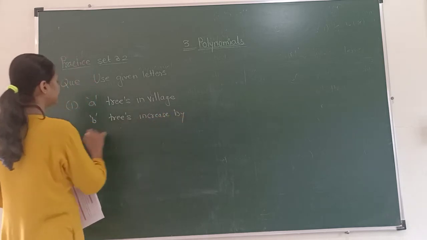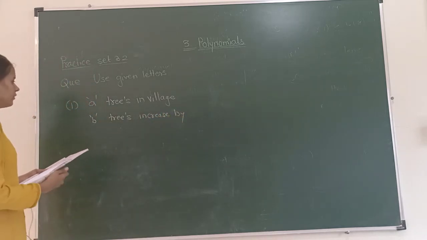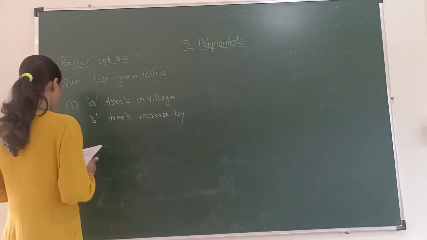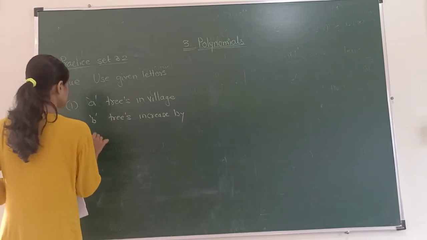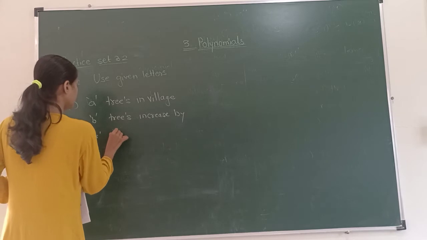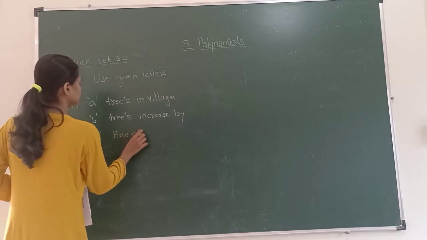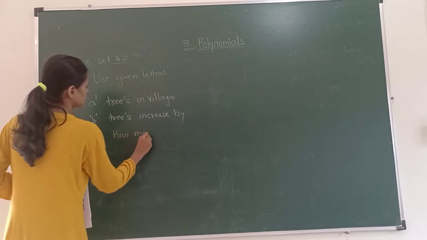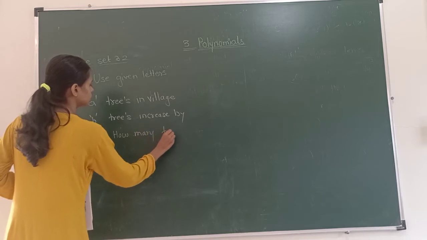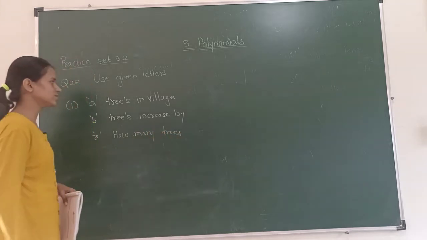How many trees after X years? How are we supposed to solve this?